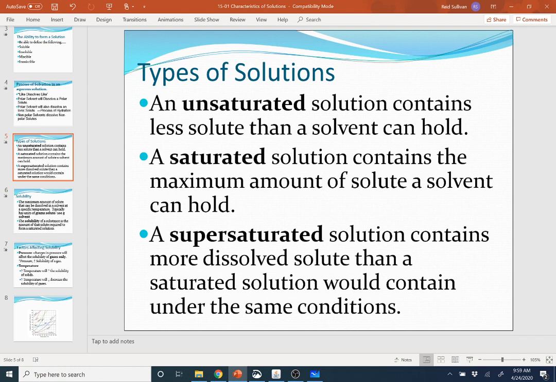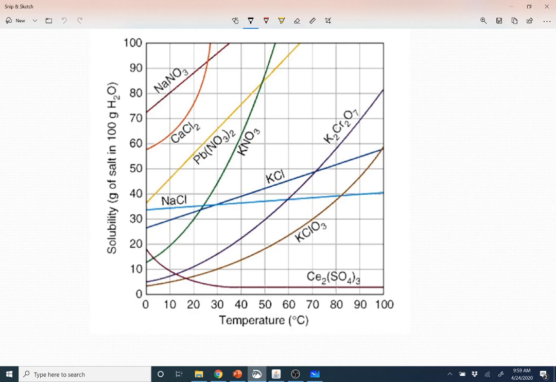So when you're looking at this graph, anything that is below this line is what we call unsaturated, and everything above the line is supersaturated. So this is unsaturated, and this is supersaturated.